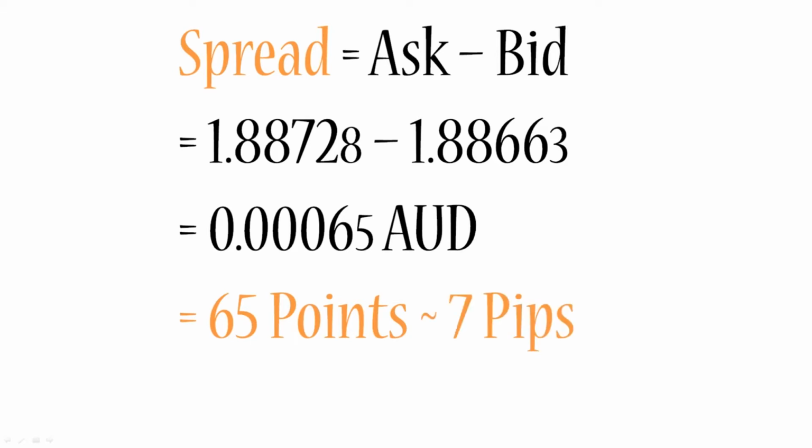You can say 6.5 pips, you can say 7 pips, doesn't really matter. It's approximately 7 pips because a pip is still 0.0001, just as it was in the 4-digit system. It's not going to change because we changed the system that we're quoting the currency in. A pip is fixed, a pipette is fixed. So this spread is approximately 7 pips, and you can also say that this spread is 65 pipettes.